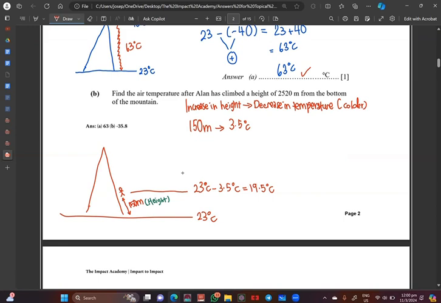Now the question says, find the air temperature after Alan has climbed a height of 2,520 meters from the bottom of the mountain. So Alan is going to go all the way up to here. They're asking you, what is the temperature?